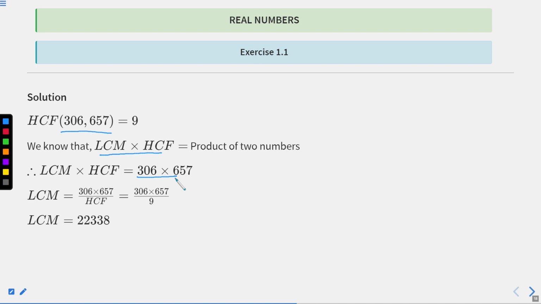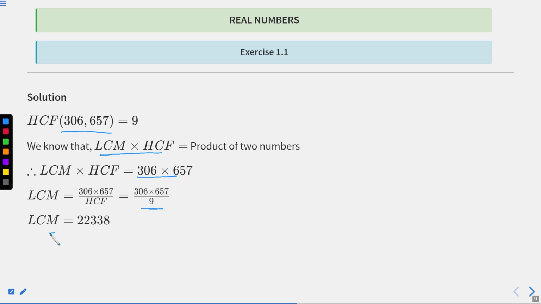So now the LCM is equal to 306 into 657 divided by the HCF, that is 9. If we calculate it, then we will get the LCM of 306, 657 is equal to 22338.